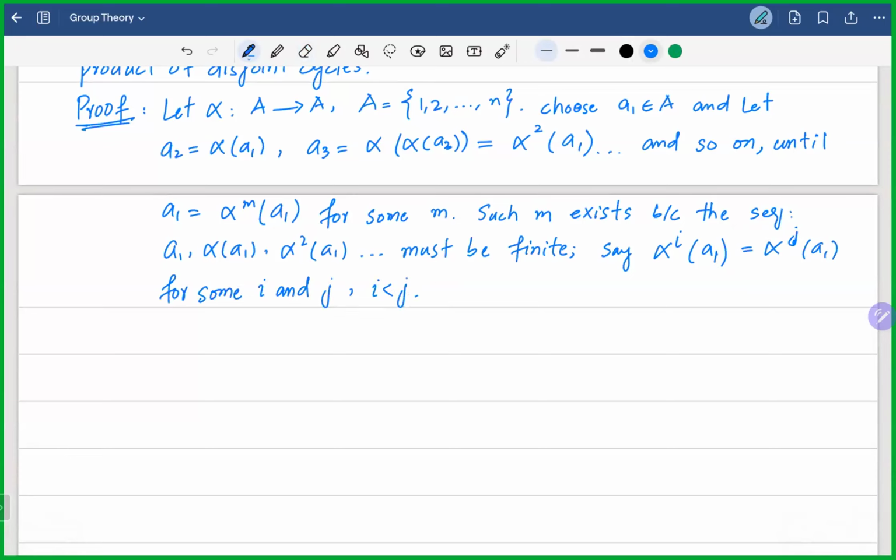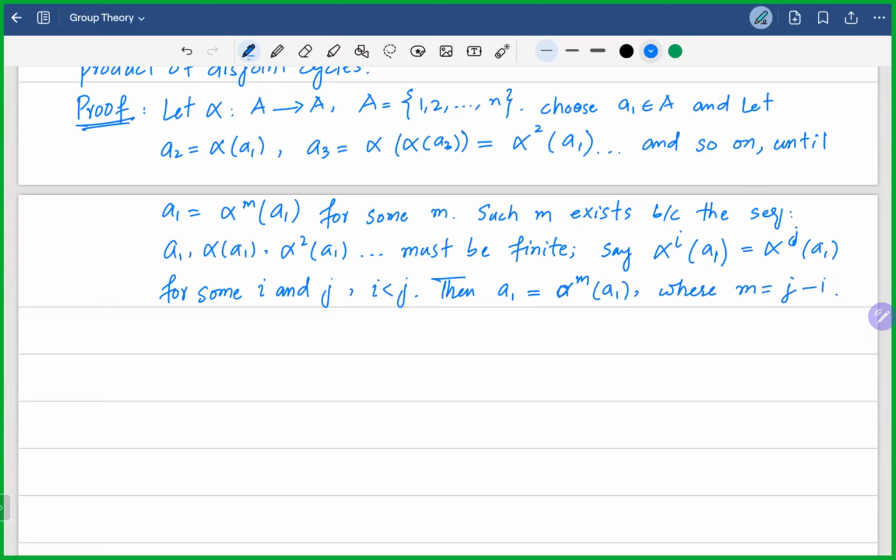Then we have A1 equals alpha power m of A1, where m is j minus i.